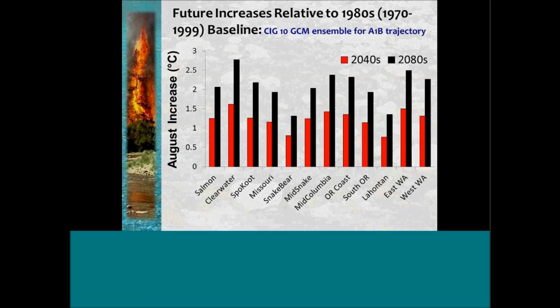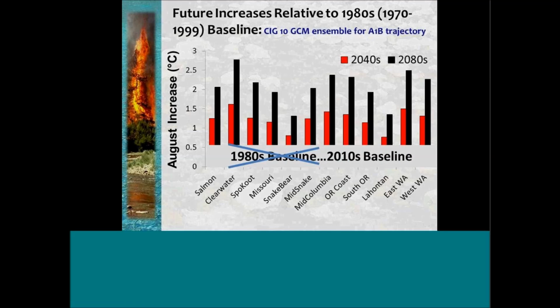The black bars represent the projections for the 2080s. If you just want an average number to think about, basically it's saying 1 degree centigrade stream temperature increase by mid-century, 2 degrees centigrade stream temperature increase by the end of the century. Also realize that the 1980s baseline we're working off of here is 30 years past, so we're intermediate between that and the 2040 scenario.